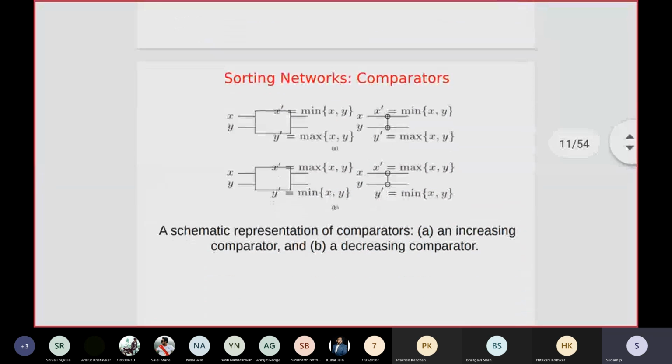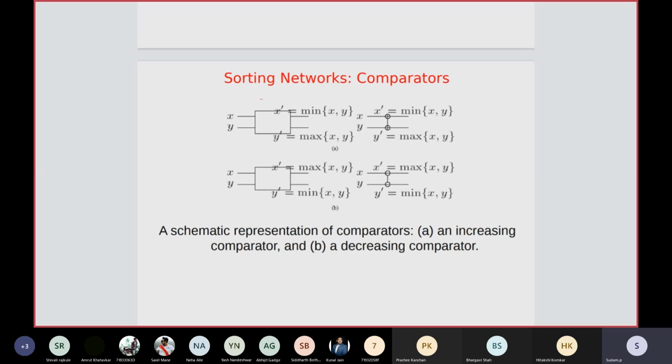So the sorting network comparators which we just discussed: the first one shows the increasing comparator, and the second one shows the decreasing comparator. In the first comparator, x and y are the inputs, and x dash and y dash are the outputs produced. The rightmost figure shows its notation: the increasing comparator is represented using a circle with a plus sign, for x dash as well as y dash.